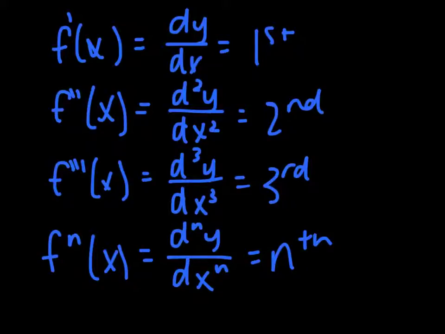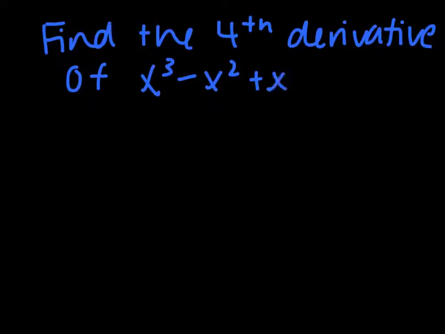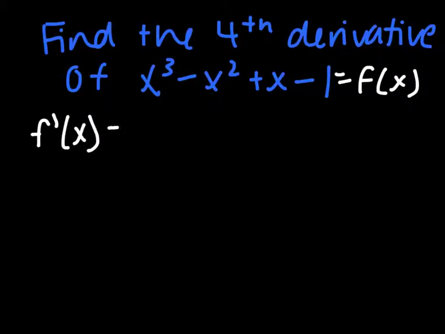So now let's just look at an example. Find the fourth derivative of x cubed minus x squared plus x minus 1. So let's say this is f of x. The first derivative of f of x would be 3x squared minus 2x plus 1.